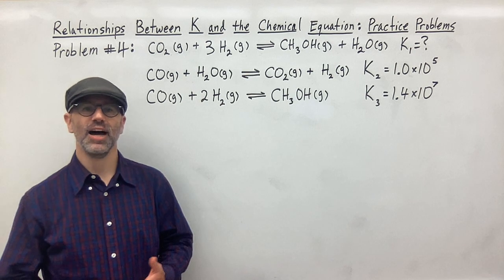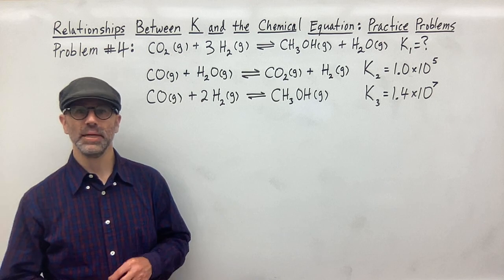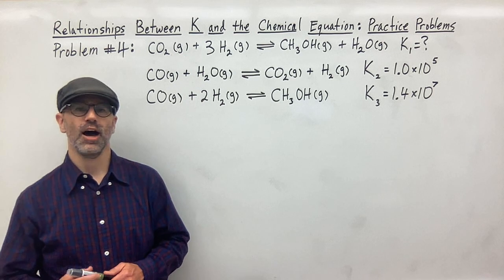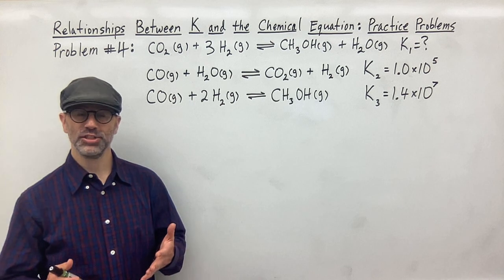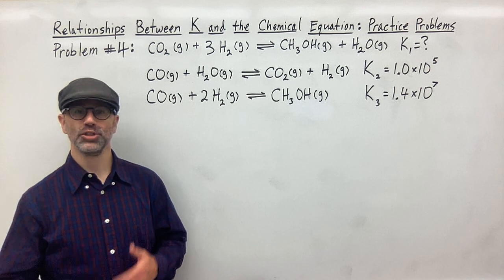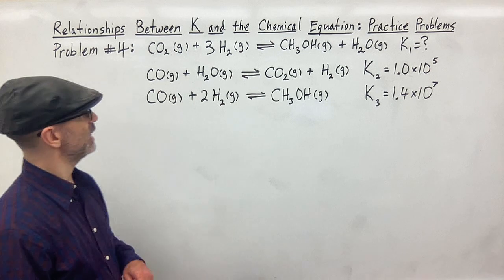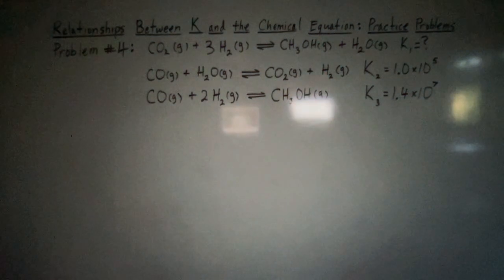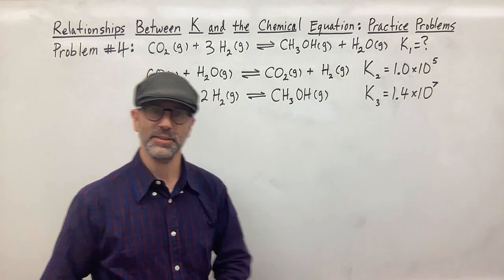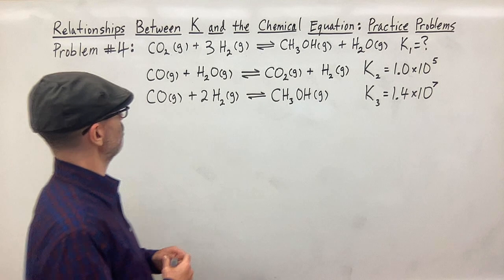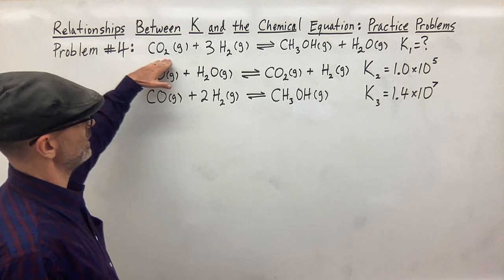So, again, in order to figure out what the missing K value is, you need to figure out how the equations you are given relate to your target equation. So in this example here, this is our target.